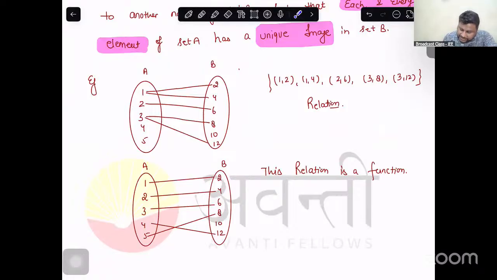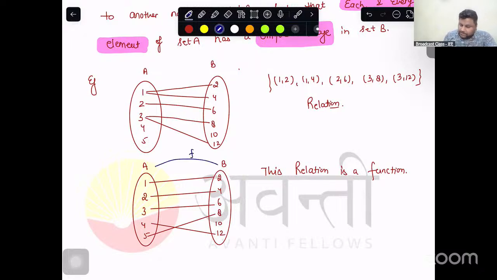We define it like f. So we write it f from A to B, and f of 1 means in this function, if you put 1, what do you get? You get 2.